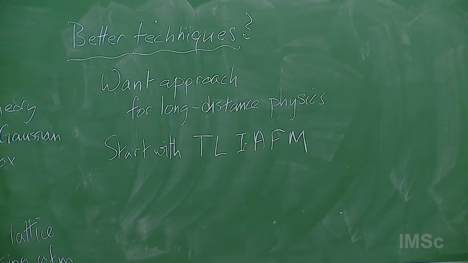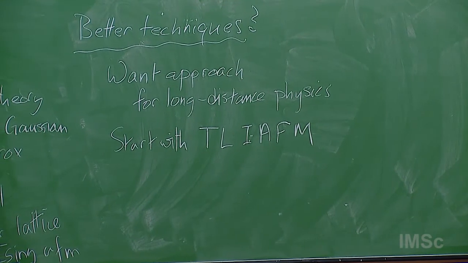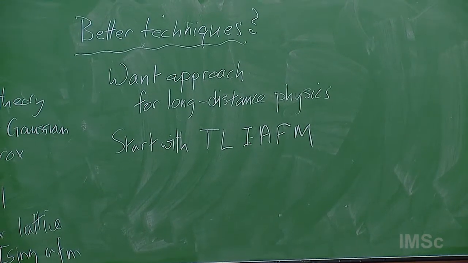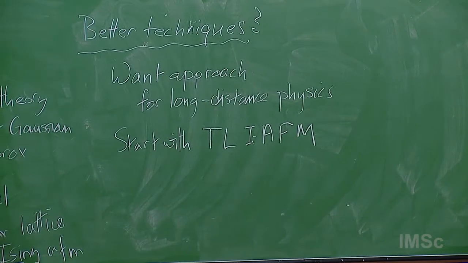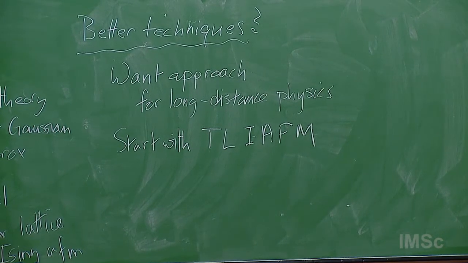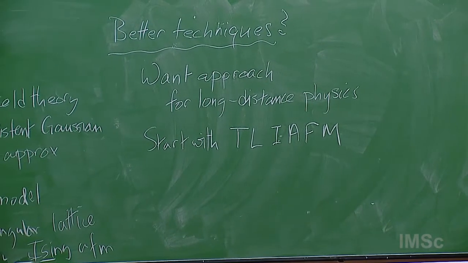So you can say that probably the triangular lattice Ising antiferromagnet was the first highly frustrated magnet to be studied in detail. The point is that because it's an example of a two-dimensional Ising model, it can be solved exactly.